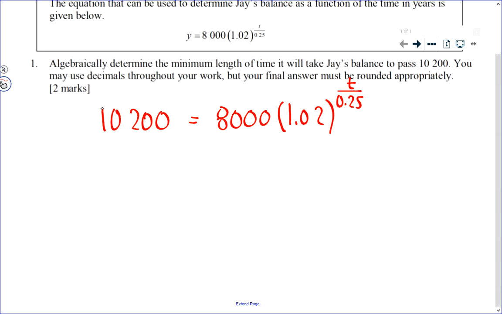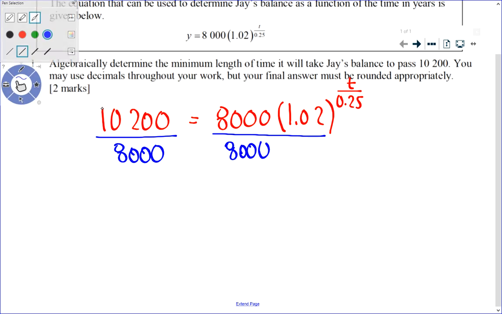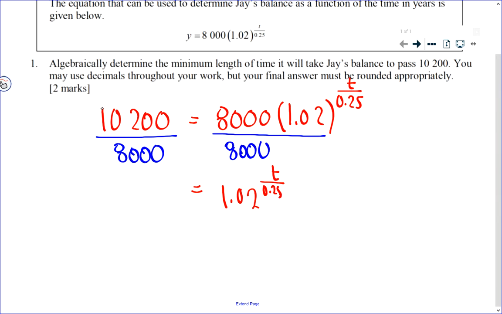But before we take the logarithm of both sides, I think it's a good idea here to divide both sides by 8,000. And that means that on the right-hand side, what we're going to end up with is something a lot simpler. 1.02 raised to the t over 0.25.